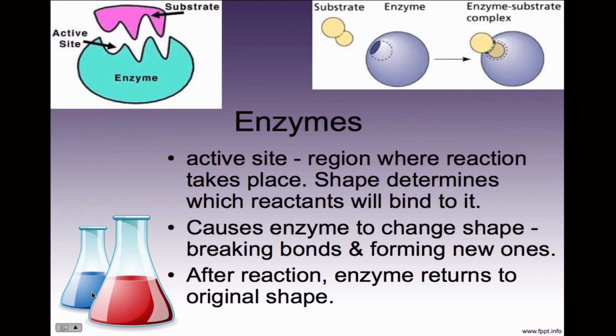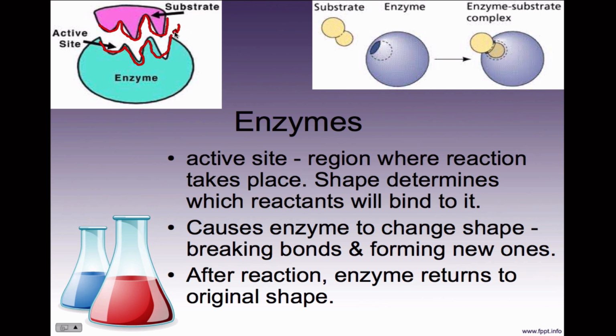So let's talk about what exactly is happening with an enzyme. An enzyme has what we call an active site. You'll see that here. This entire little segment right here is the active site, and it looks just like a puzzle piece. A substrate comes along, and the substrate is the matching puzzle piece.